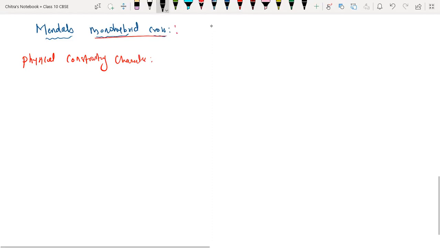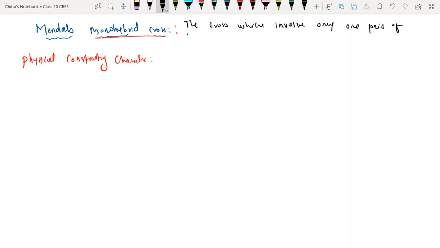The cross which involves only one pair of physical contrasting characters is called a monohybrid cross.